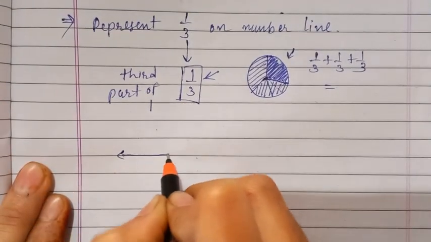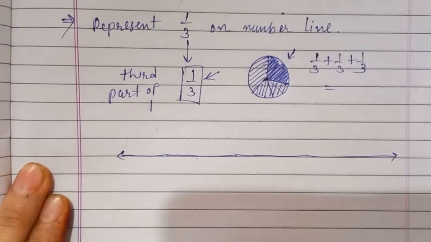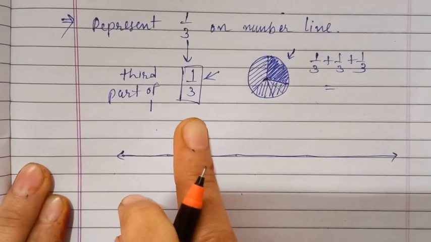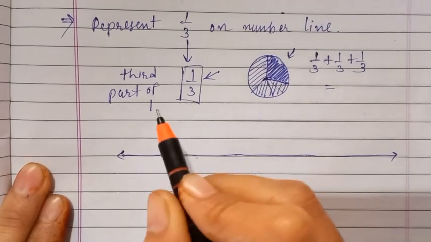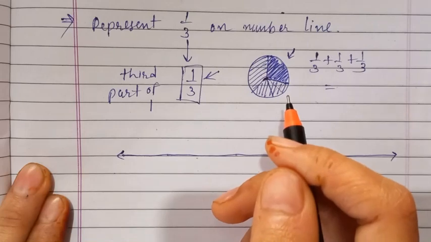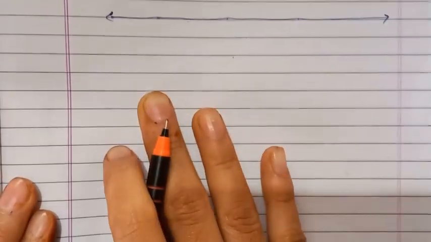First make a straight line with the help of a ruler and pencil. Now 1 by 3. Is 1 by 3 greater than 0 or less than 0? Let's divide 1 by 3.